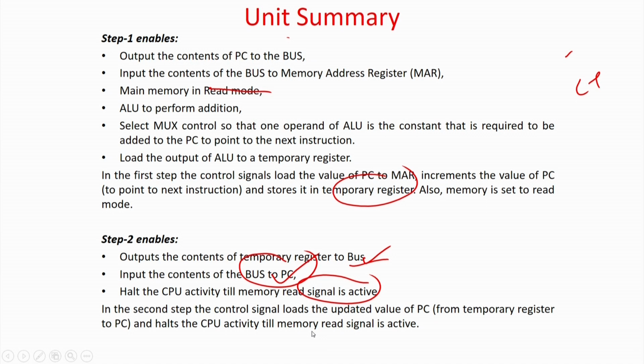That is what it has done: output the contents of the temporary register to the bus, because the temporary register, as you have seen in the previous instruction, has the value of PC plus constant, then input the value of the bus to PC. So, now PC is incremented, because we no longer require the old PC value, as it has been loaded to the memory address register.